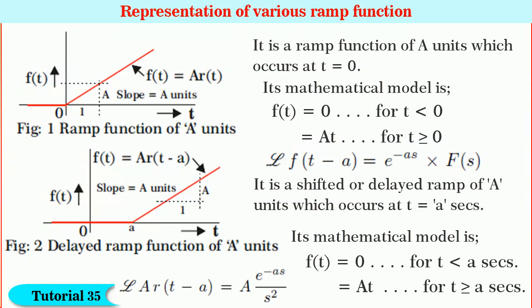So, the delayed ramp is shown in figure 2, and its Laplace transform L of a into r of t minus a is equal to a into e to the power of minus as divided by s square.